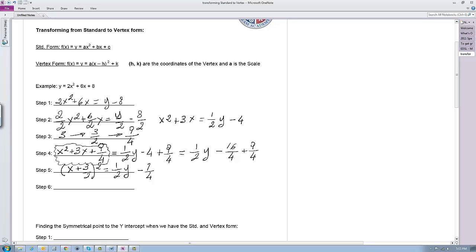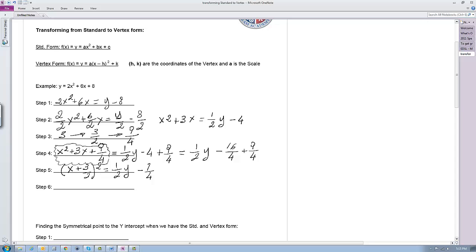The only thing that I have to do now is a little bit of rearranging of terms. I need to move this term to the left again, and then I need to multiply both sides of the equation by 2, so that I can get a straight y on one side of the equation, and I can get to the form that I wanted from the very beginning. So let's do some manipulations here.